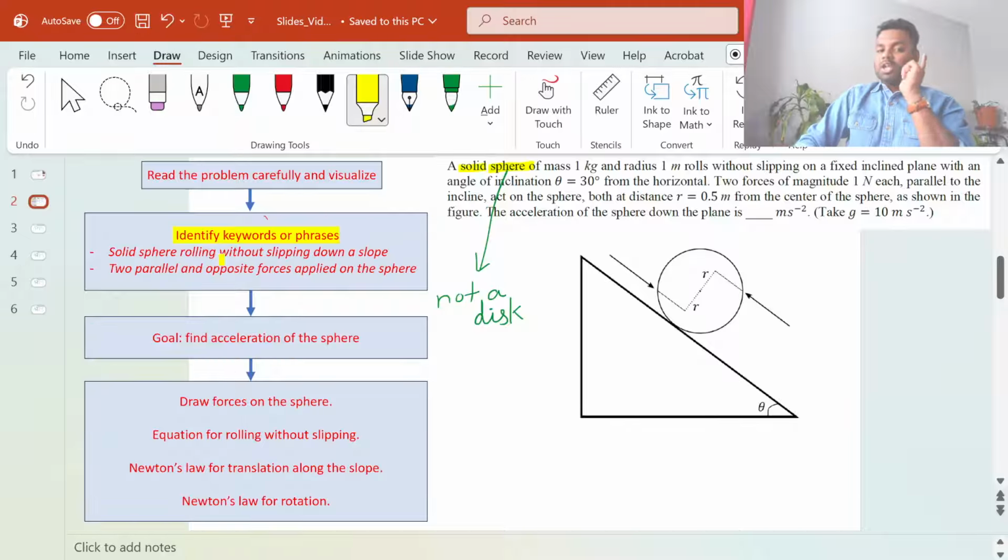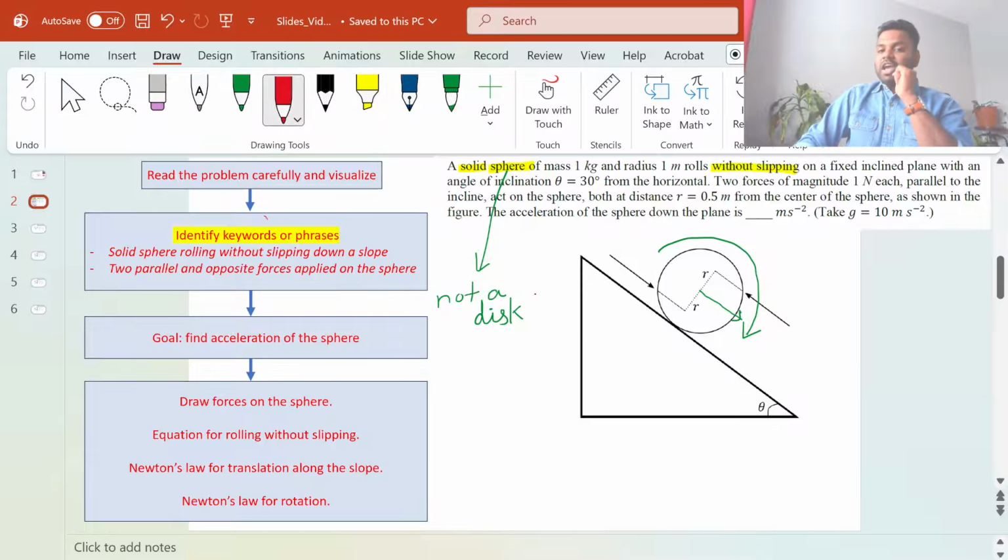That is rolling without slipping down a slope. So as it is moving down the slope, it is rolling clockwise and it is moving downward. And it says no slipping, right? Without slipping.